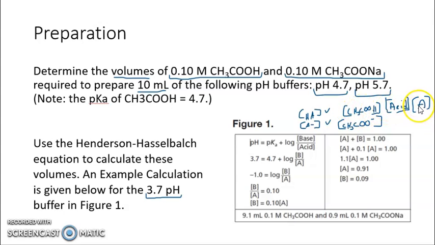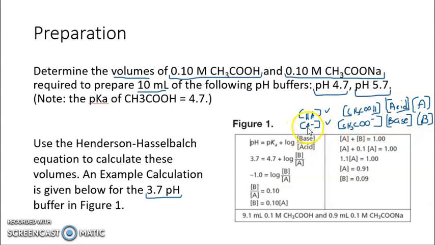What's a little confusing, and I apologize for this, I'm just realizing this as I'm doing this, is that the A that they use, don't confuse that with A minus. A minus is the conjugate base. When they want to talk about the conjugate base, they're just using the word base or the letter B. But these terms here are all equivalent.